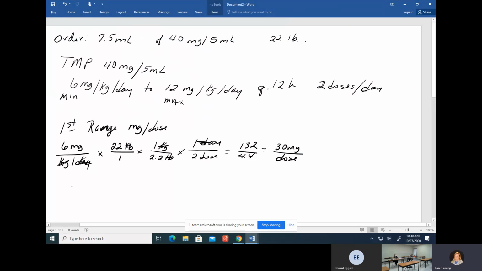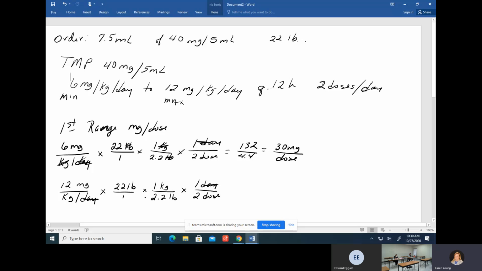Then we're going to do the exact same thing, except that we're going to use the maximum, the 12 milligrams per kilogram per day times the 22 pounds over 1 times the 1 kilogram, 2.2 pounds, 1 day, 2 doses.